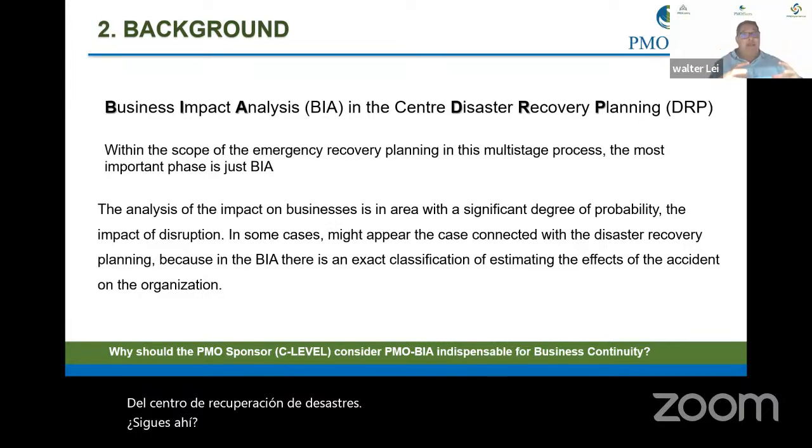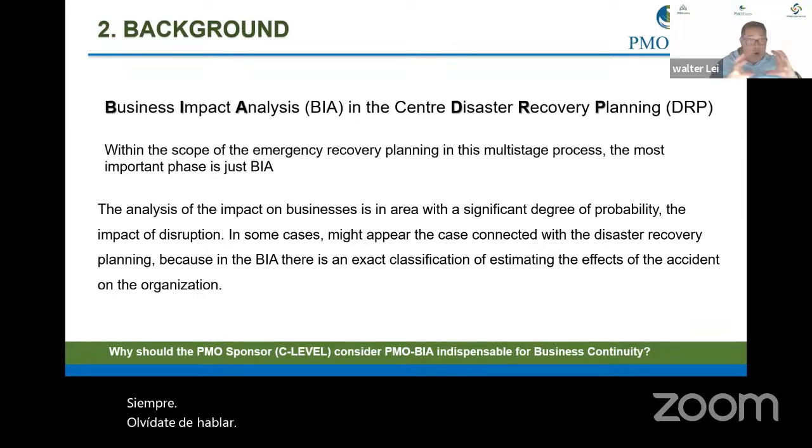Okay, so we have to keep in mind that business impact analysis is a part of the business continuity plan. But people always forget about talking about the business impact analysis.